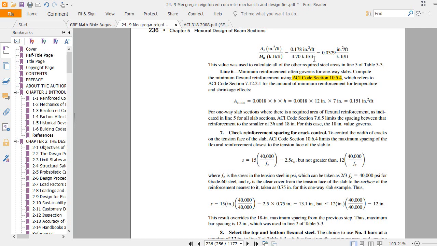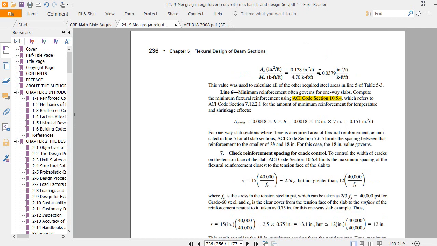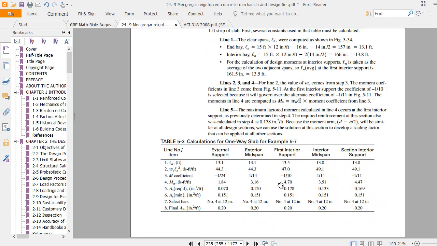This is another technique in ACI. Basically you must learn this technique. Once you calculate the scale factor, you just multiply that scale factor with this moment, you got this steel. The rest of the values of As will be calculated by multiplying that scale factor with these moments.